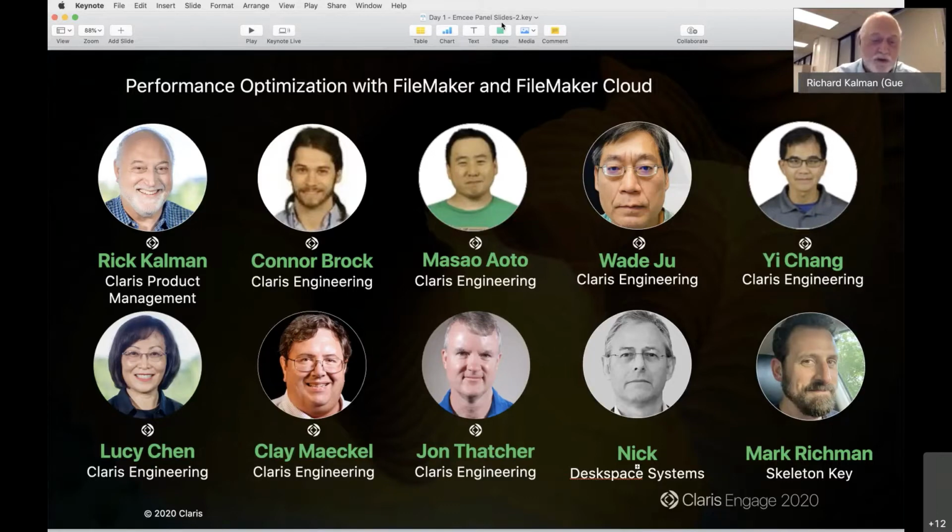Wei Ju, who is a FileMaker server and security architect for Claris. Yi Chang, who is a server development manager. And Masao Aoto and Connor Brock from QA, who are key testers for our platform. Believe it or not, this panel has over 150 years of experience with FileMaker. But why I'm the only one with gray hair, I don't know.